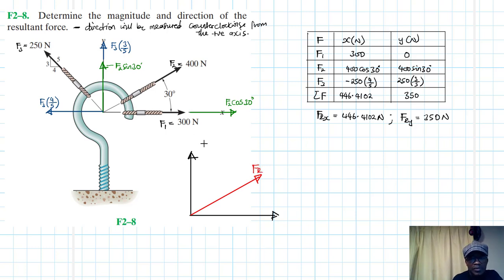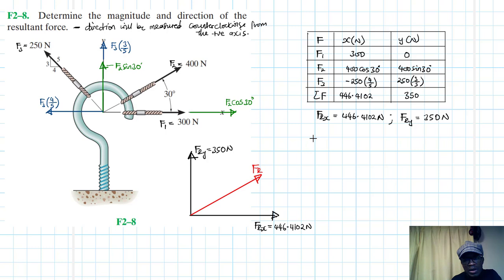And then the others, this is FRY, which is equal to 350 newtons, and this is FRX, which is equal to 446.4102 newtons, right?